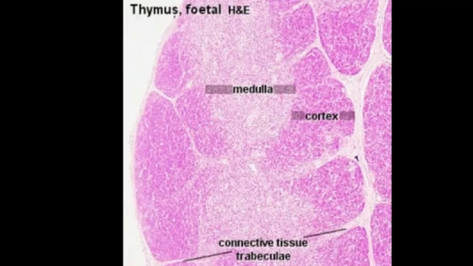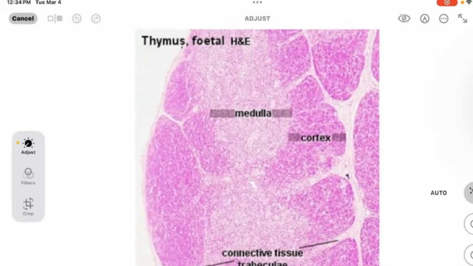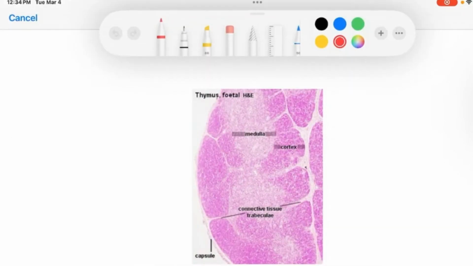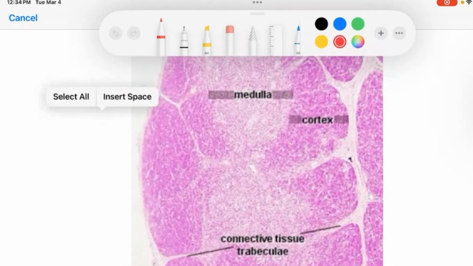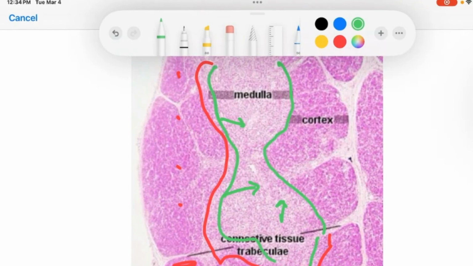You can see the cortex right up here. All of this darker area is the cortex. Then the pale central area here is your medulla. So this is your medulla right here.